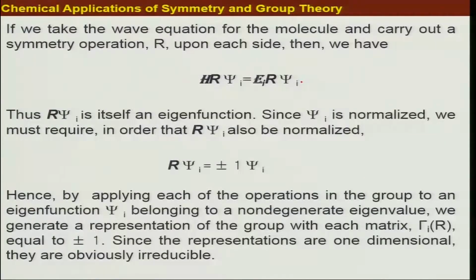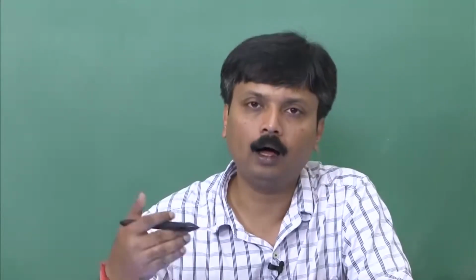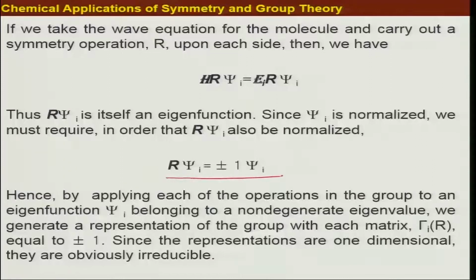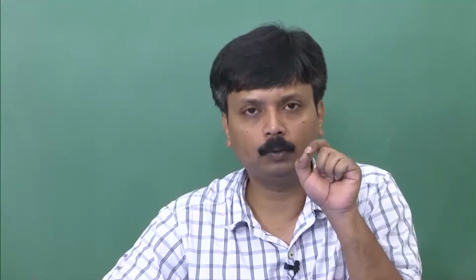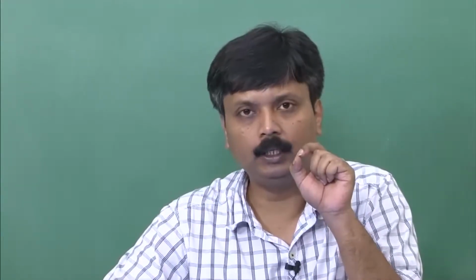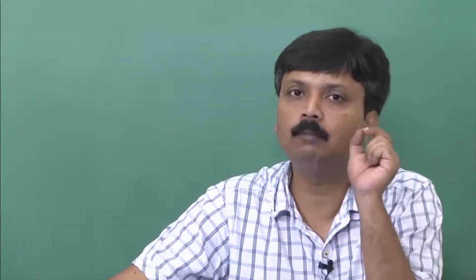That means in order to have R psi I as an eigenfunction, R psi I must be normalized. So it should be such that R psi I equals plus or minus psi I. Okay. So either it can be symmetric or antisymmetric. The eigenvalue will be either plus 1 or minus 1. So it simply means, from the symmetry point of view, that this psi I is either symmetric or antisymmetric with respect to the symmetry operations. Okay.